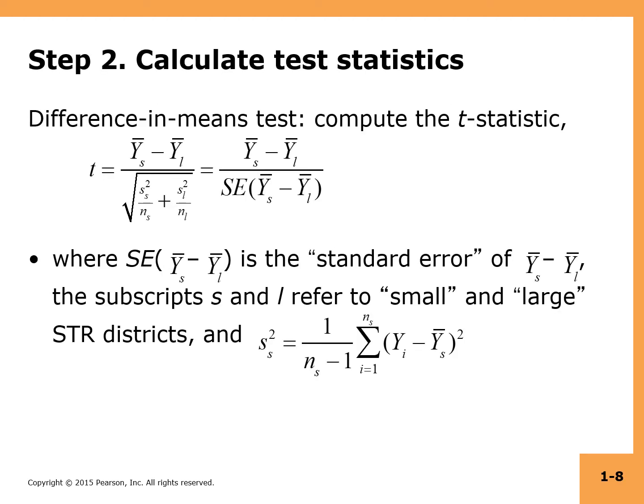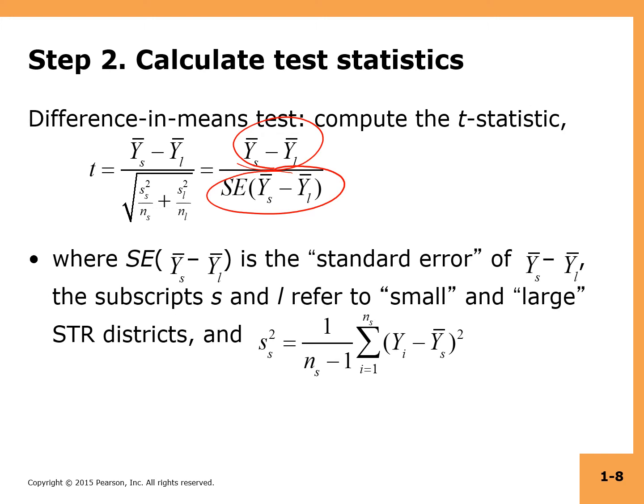The formula for calculating test statistics for a difference in means test is given here. As you can see, basically we divide the point estimate that we calculated before by the standard error of this point estimate.